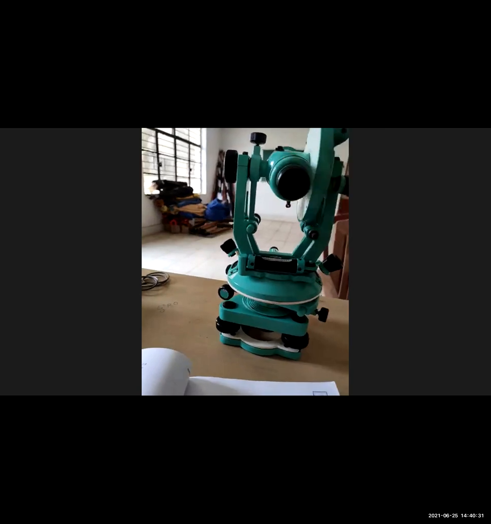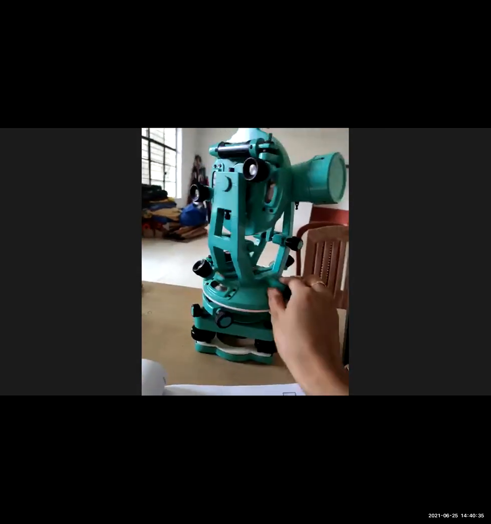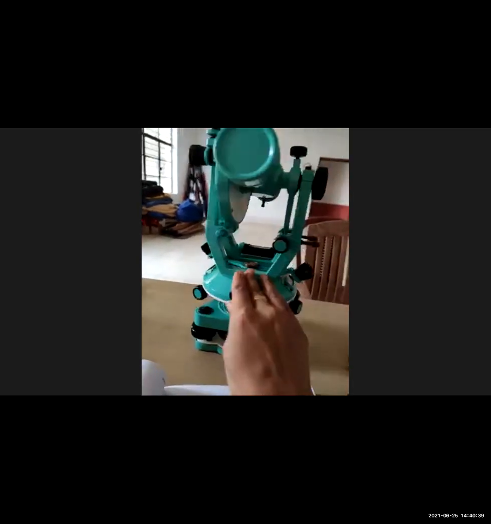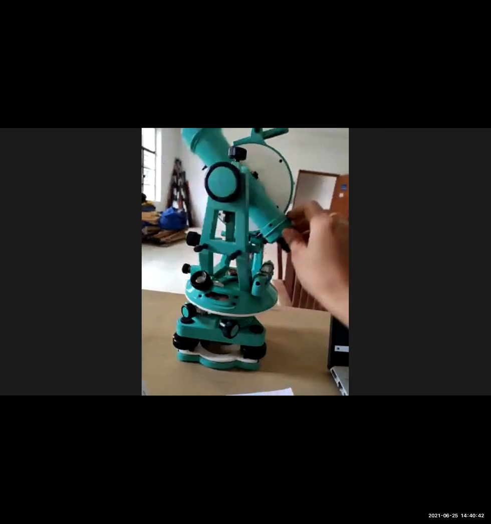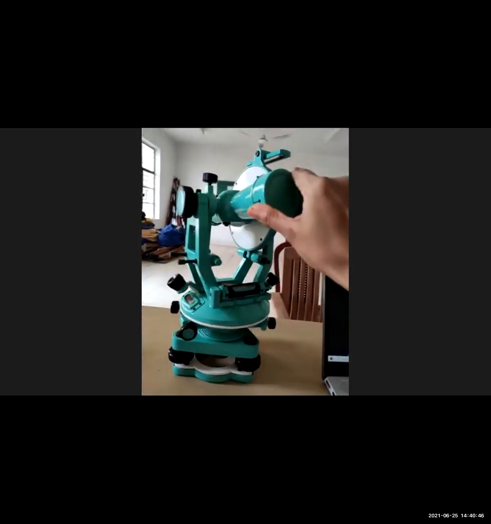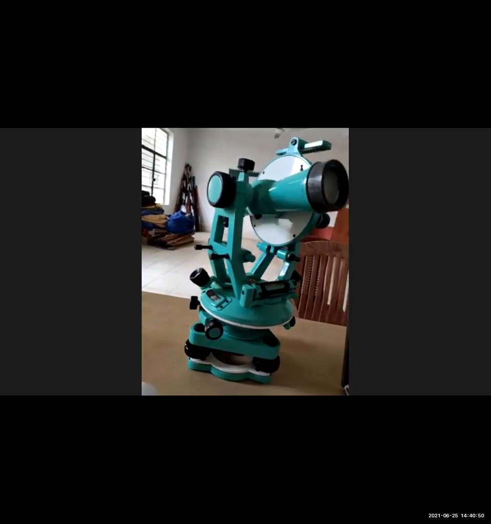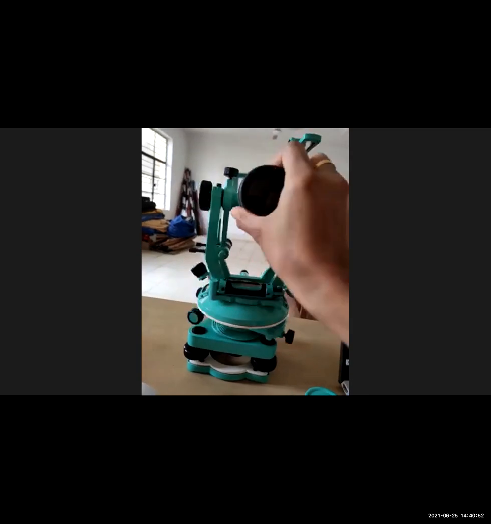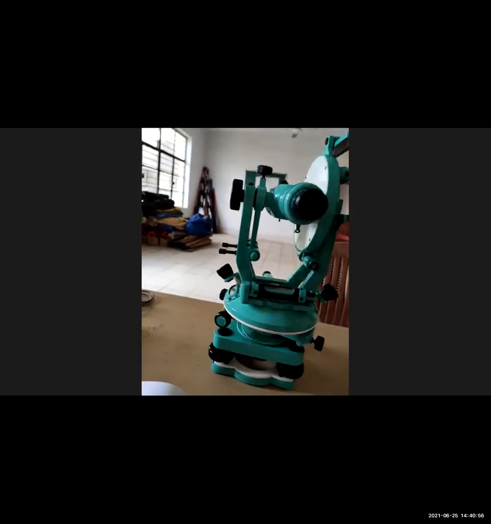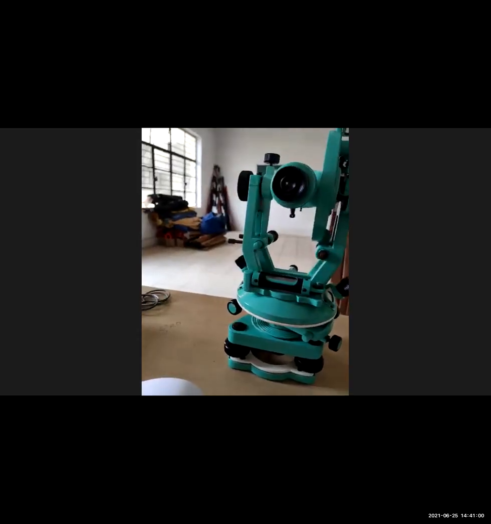See how it looks. With the help of this equipment, we can measure horizontal as well as vertical angles. So the transit theodolite is widely used.